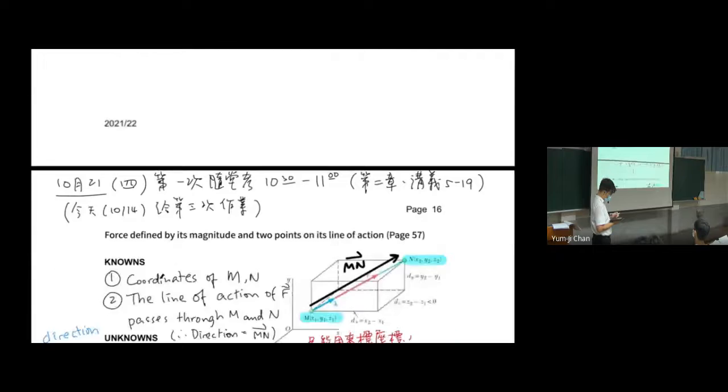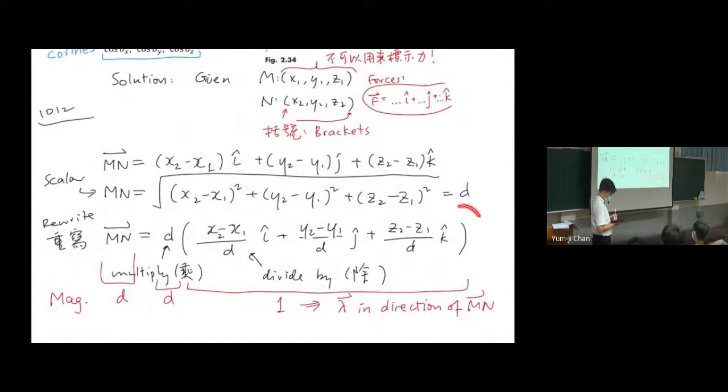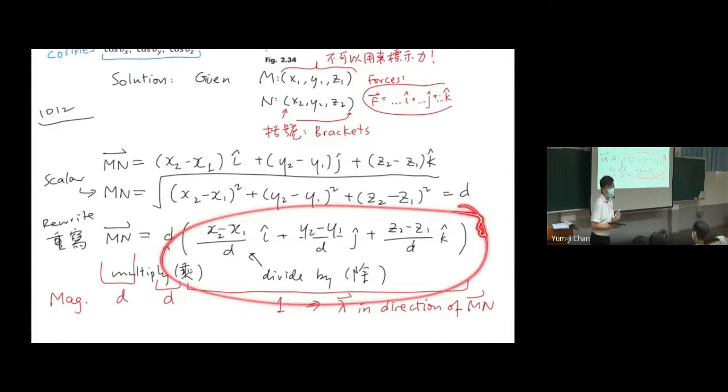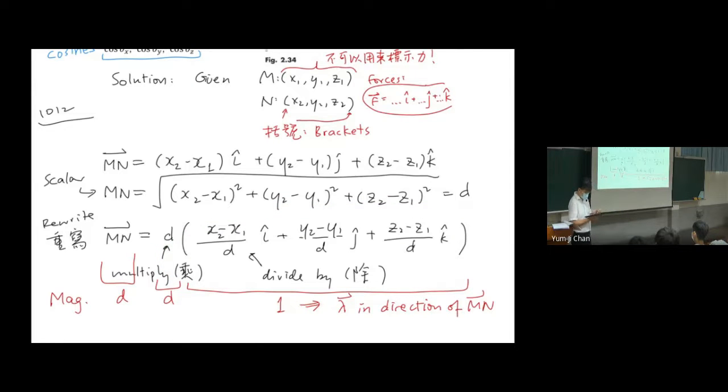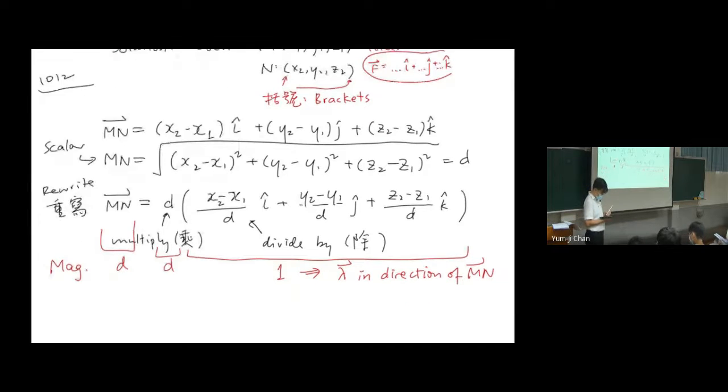In this example we get this, and on the previous page, page 15, we had that. So we compare these two.